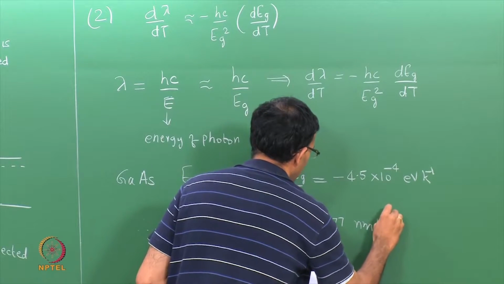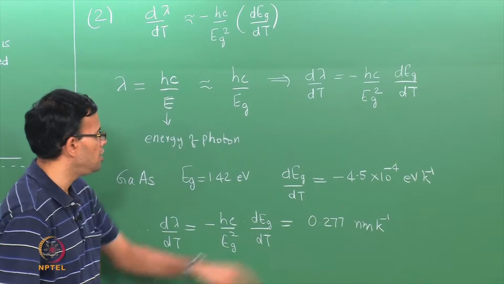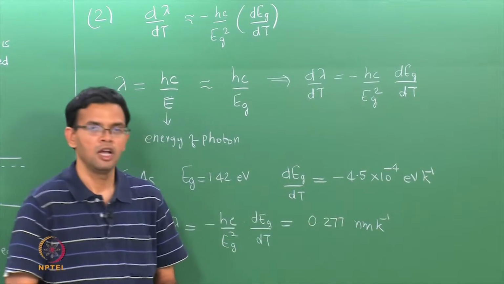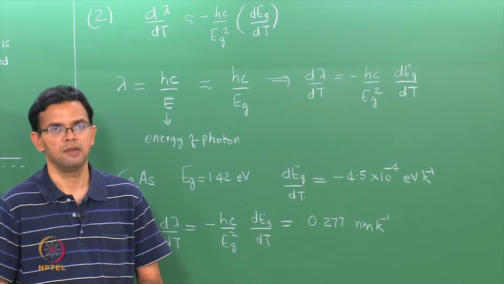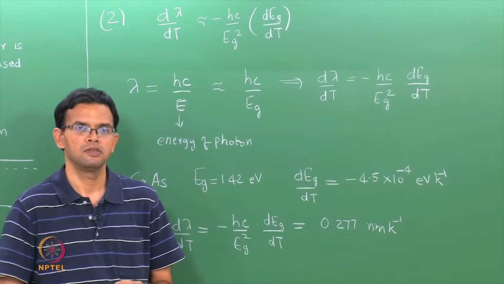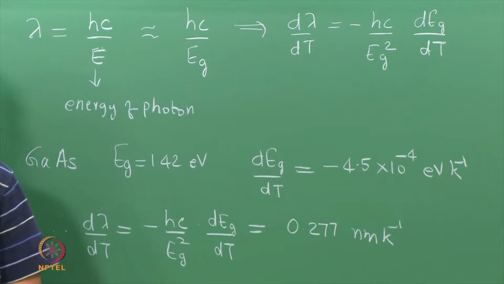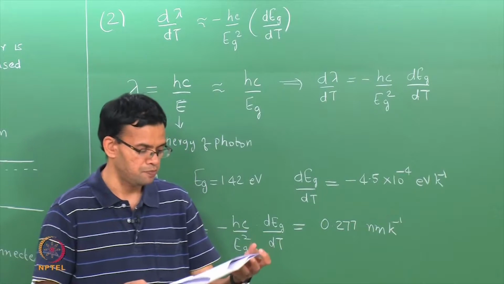If you look at it, dEg over dt with respect to temperature is negative, which means the band gap essentially decreases with rise in temperature. Corresponding to a decrease in band gap, the wavelength will increase because lambda is inversely proportional to energy. So, d lambda with respect to temperature is a positive quantity.